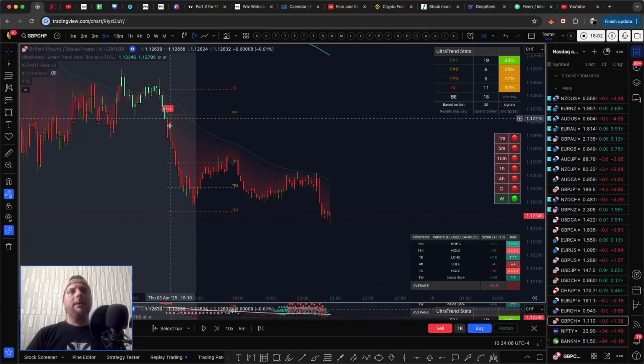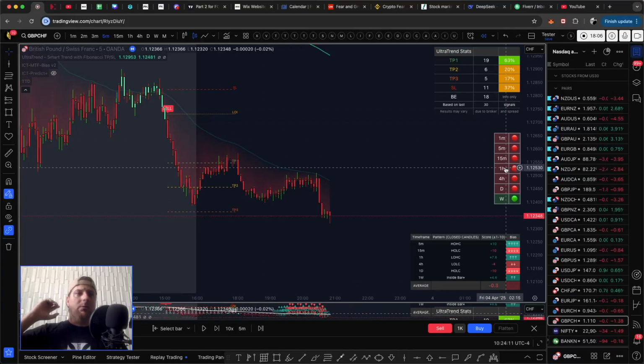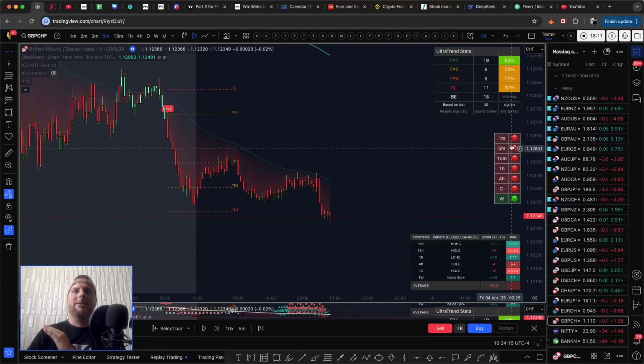So if you're getting a sell, for example, and you see all of this red, you're like, go for it, because you are entirely bearish on almost all time frames, except on the weekly. Of course, the higher time frames are the strongest ones, because the higher time frame normally sets the actual direction. That's how the TTD works.